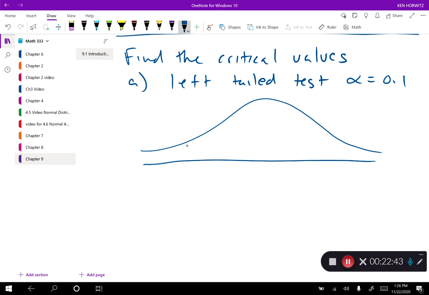So if I'm on a left-tailed test, that means my critical value should be negative. I have 0.1 in my rejection region, and I want to go to the z table. I'm going to pause this in a minute. Look up 0.1, which would be my area to the left, and then let me know what your critical value is.